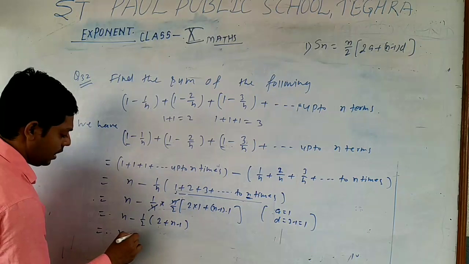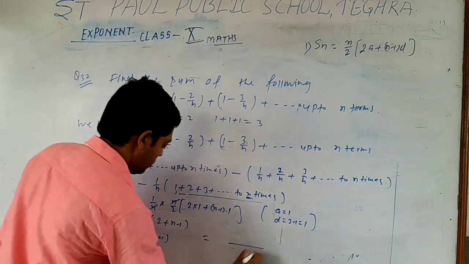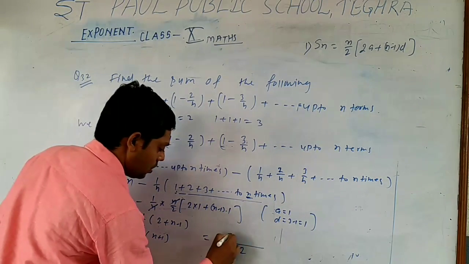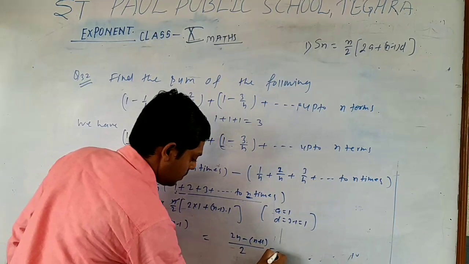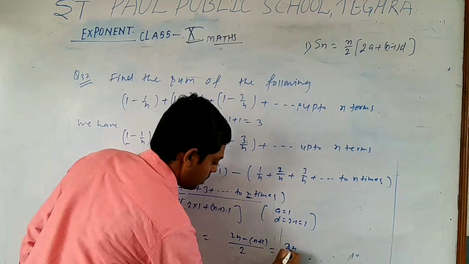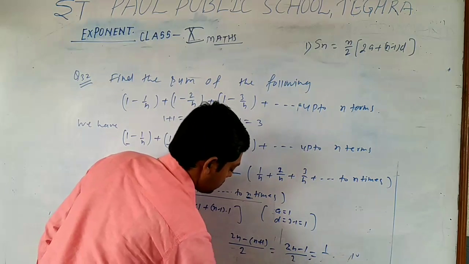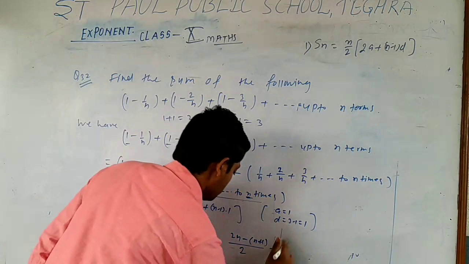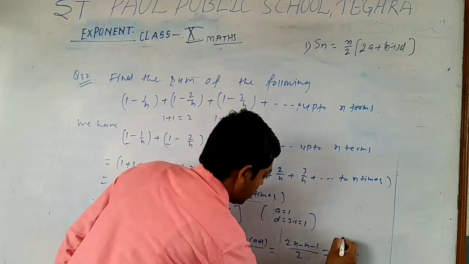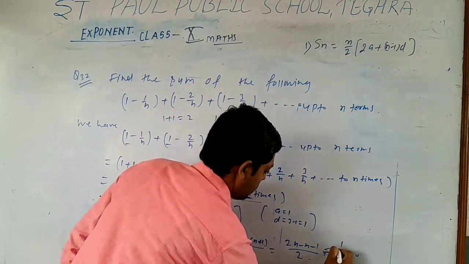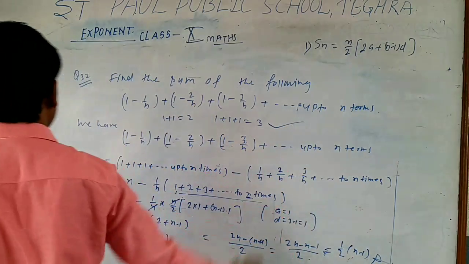This becomes n minus 1 by 2 into (n plus 1). By taking LCM, this becomes 2n minus (n plus 1) over 2, which becomes n minus 1 by 2, and can also be written as 1 by 2 into (n minus 1). This is your required sum.